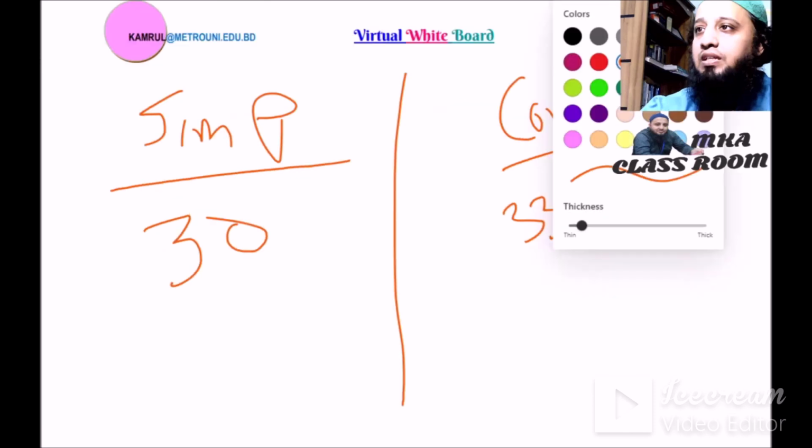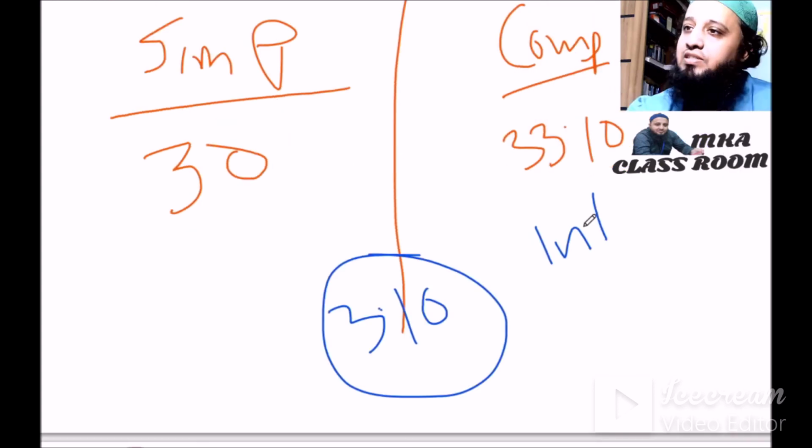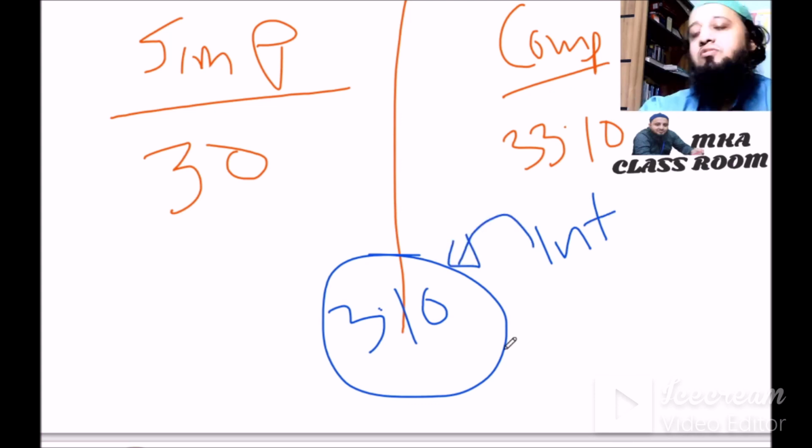The difference is 3.10 taka. In this way, because interest is reinvested again, the difference is 3.10 taka.